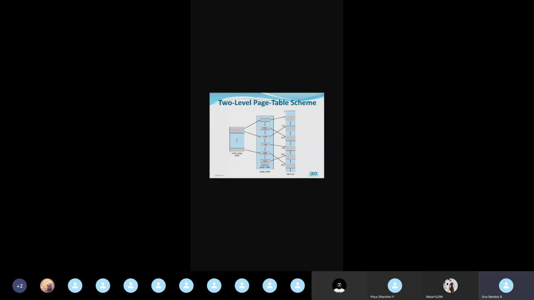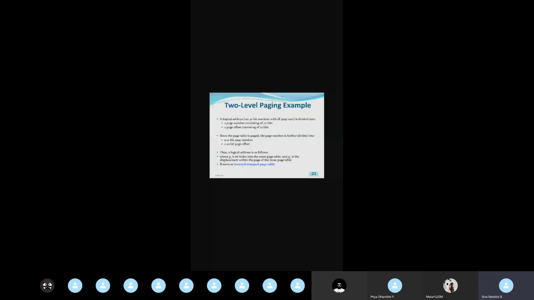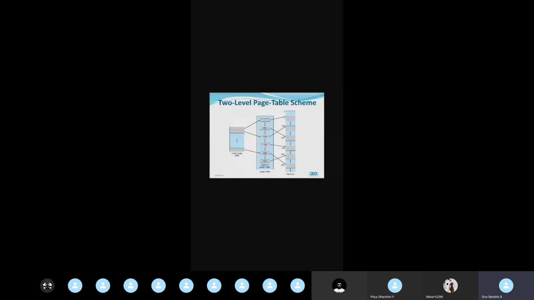Looking at the previous example, slide number 20, the first 12-bit page number will denote the page number in the outer page table, the next 10-bit page number will denote the page number in the inner page table, and the offset value represents the offset in the physical memory.